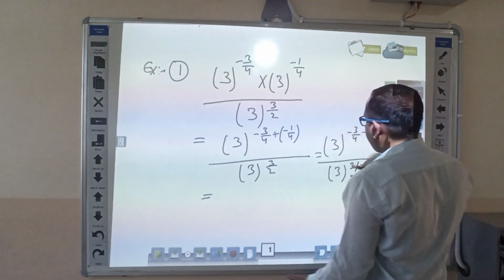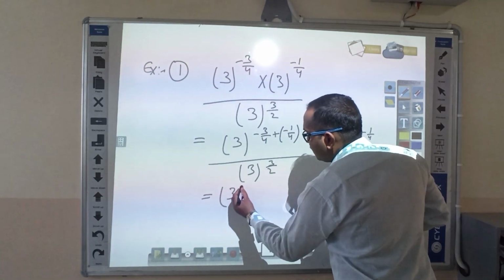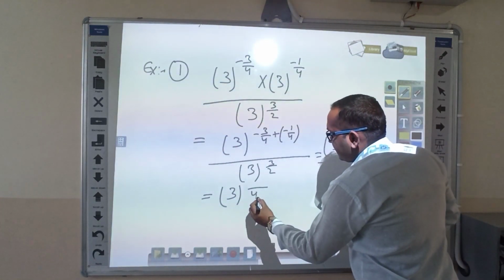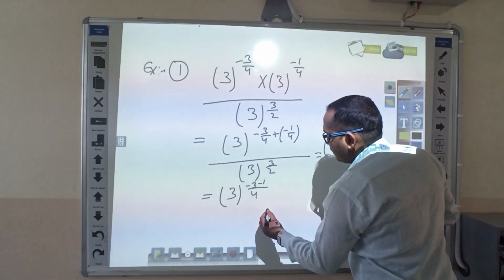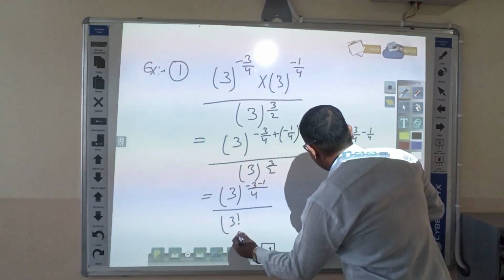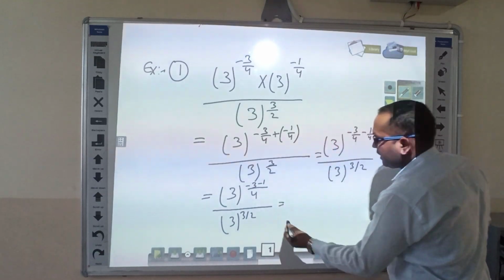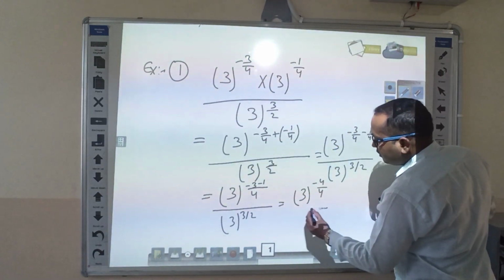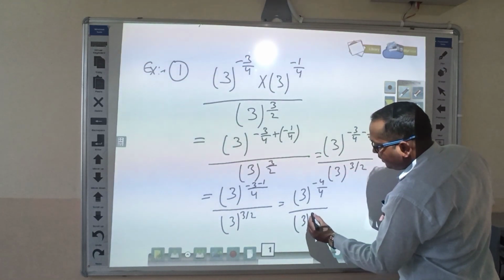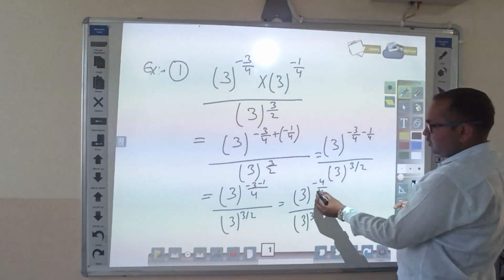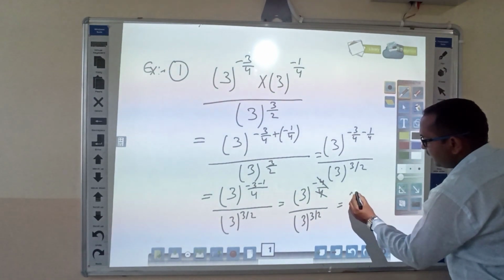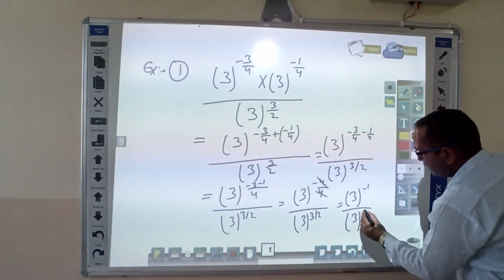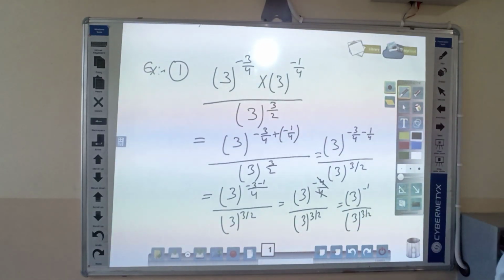So it gives 3 to the power, taking 4 as LCM, minus 3 minus 1, so it gives 3 raised to the power minus 4 by 4 divided by 3 to the power 3 by 2. It gives 3 to the power minus 1 divided by 3 raised to the power 3 by 2.